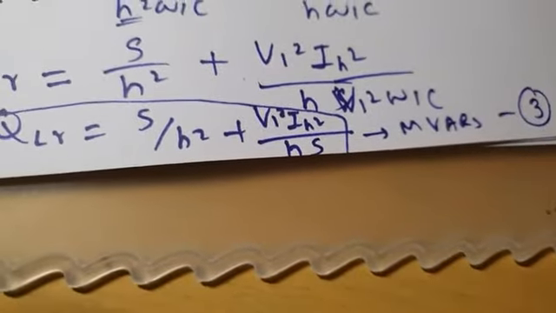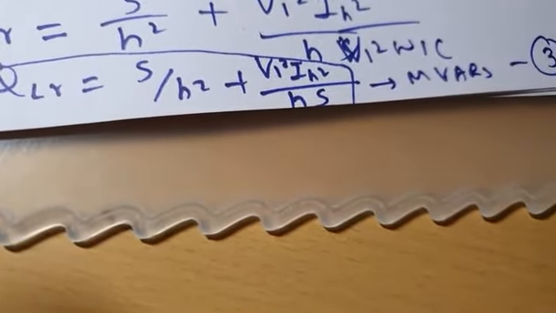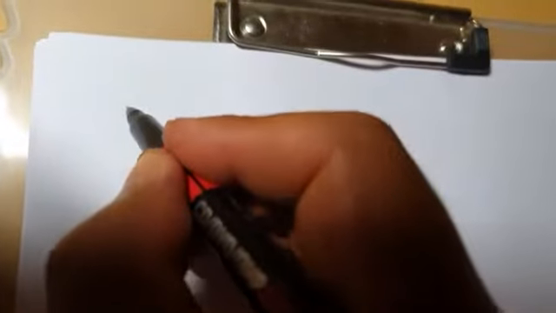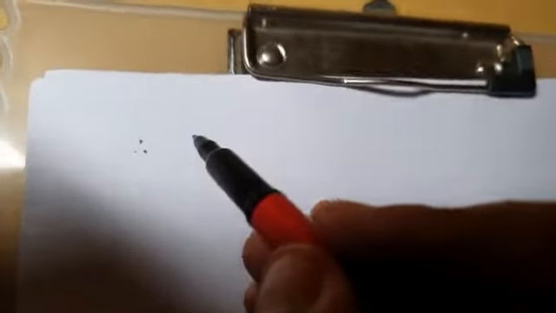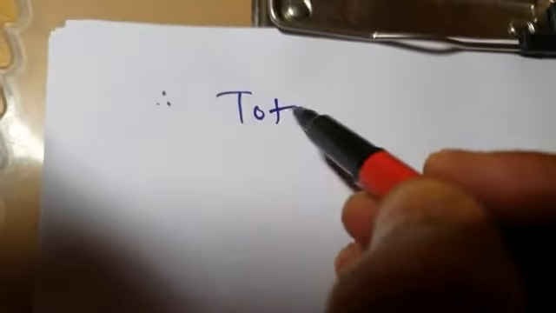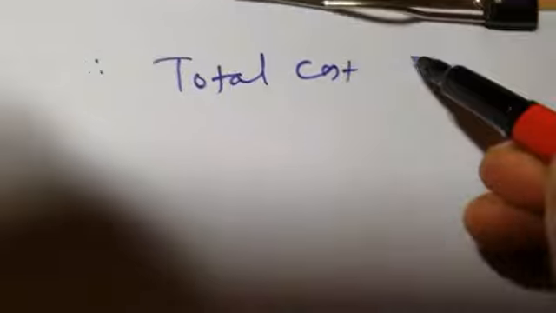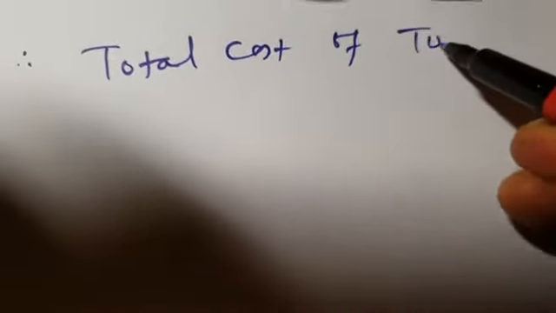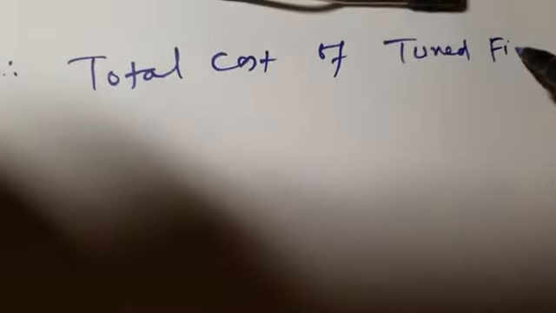So what is the total cost of the filter? Total cost of the filter is the cost of the tuned inductor plus the cost of the tuned capacitor. Let us find it out. Total cost of the tuned filter is rating multiplied by cost per unit megavar.